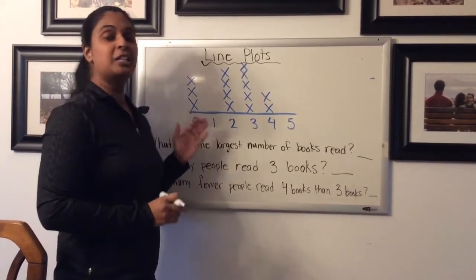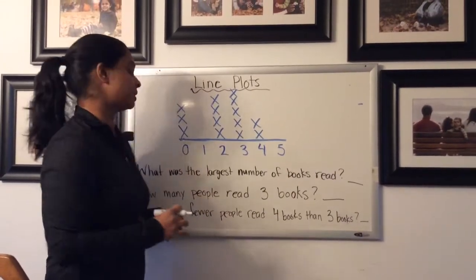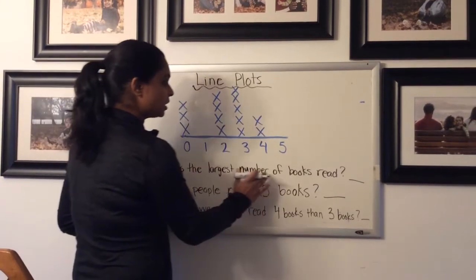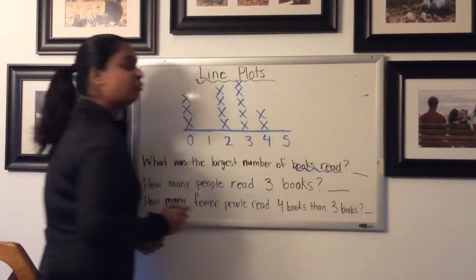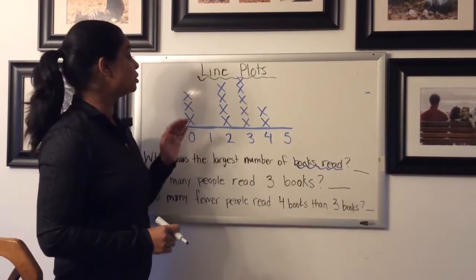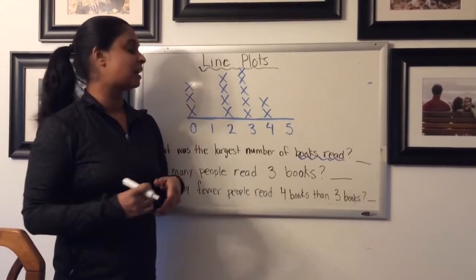And at this point, there may be some questions that you want to answer, or some conclusions that you want to make. So let's start with this one here. What was the largest number of books read? The trickiest part, I think, of a line plot is knowing what the X's mean and what the numbers mean, and really keeping that straight.